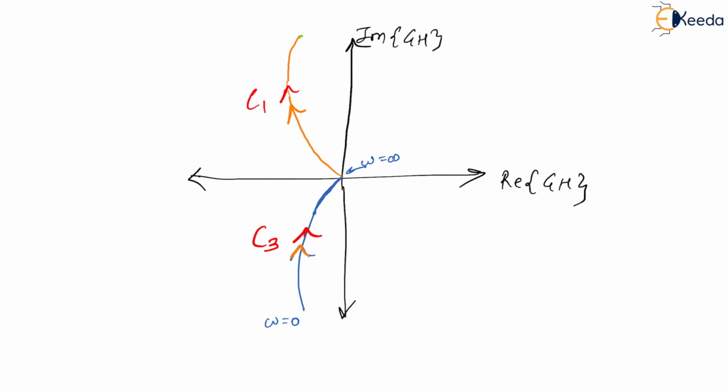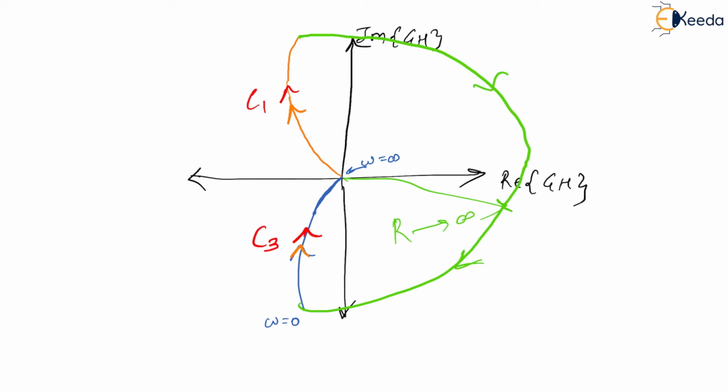So plus 90 degrees to 0 to minus 90 degrees is the traversal, and the radius is going to be infinity. By the way, this is not a bigger one; it is rather smaller, 1 by r tending to infinity.